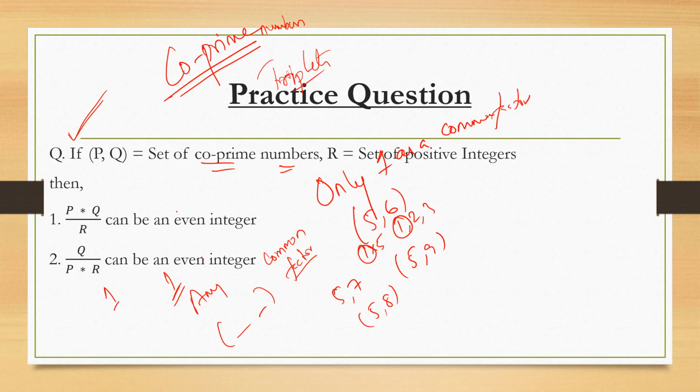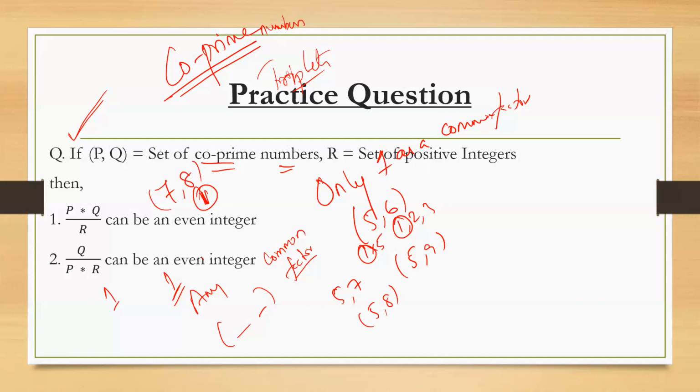Here, for example, 7 and 8. Their common factor is 1. So it should have one common factor, and that factor should also be 1. Fine, everyone. So that is the basic point of co-prime numbers.